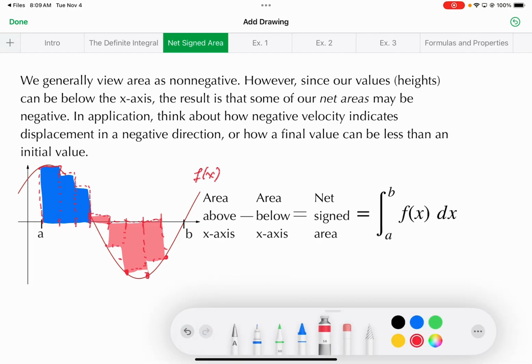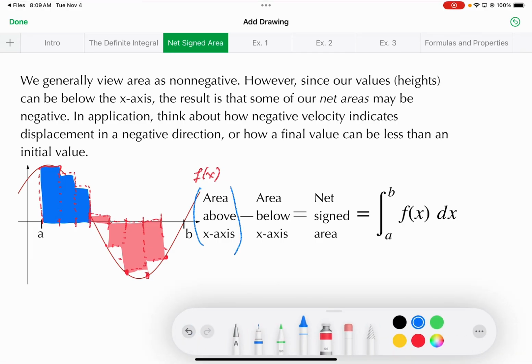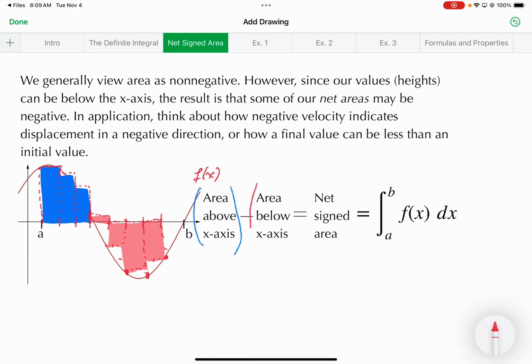So our net area under the curve would be our area above the x-axis, if I think about it truly in a positive fashion, minus my area below the x-axis. That would give us our net signed area. Basically, what I'm telling you is it is possible for you to have negative area values.